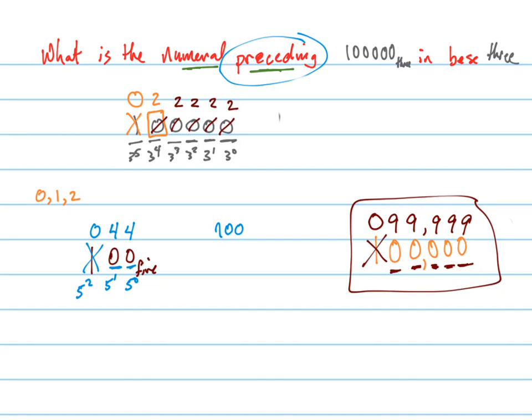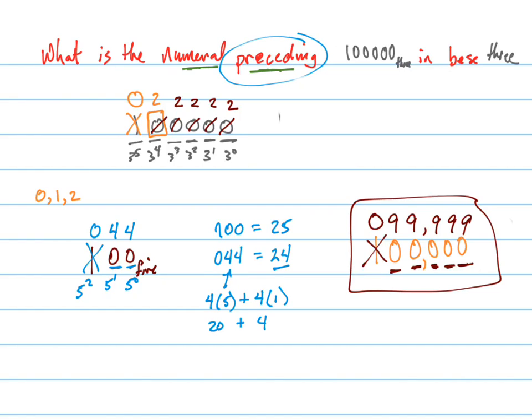So 100 is really 25. What would 044 be? I guarantee it's 24. Let's check it. It's 4 of the 5s plus 4 of the 1s, which is 20 plus 4, which is 24.